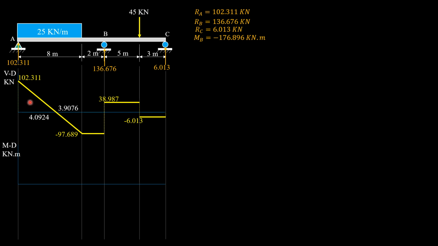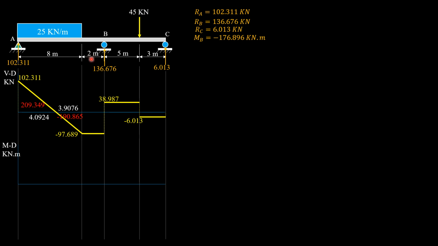Then we can now compute this area. 1/2 of 4.0924 times 102.311, 209.349. 1/2 of 3.9076 times negative 97.689, negative 190.865.